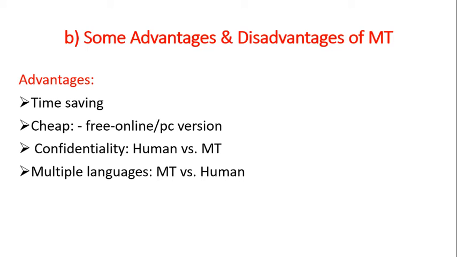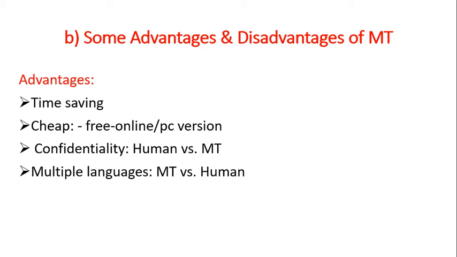Of course, complete confidentiality is not ensured in machine translation systems, as you can imagine. Technology has its own hazards and problems, and security issues are always there. But as for human translation, the confidentiality issue is a little more risky.